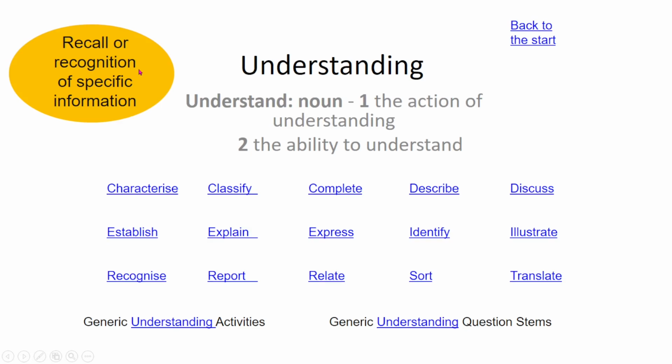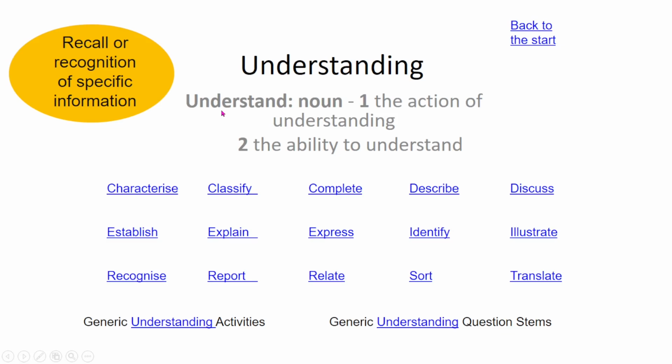So here, understanding. Understand: the action of understanding, the ability to understand.